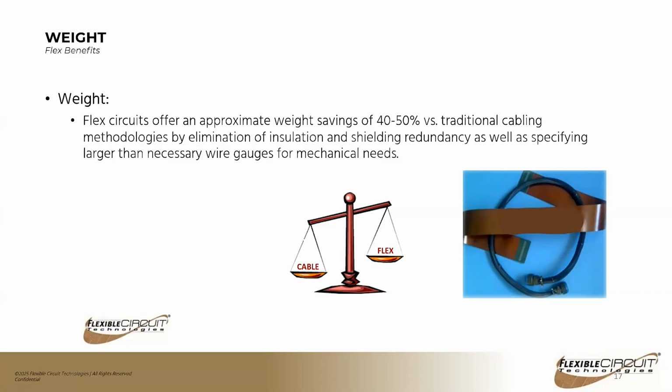Also, as I talked about with catheter applications, they're so delicate that oftentimes people are using wire gauges that are much larger than they would actually need to be just for mechanical strength. You can do away with that when you go to a flexible circuit. The coppers are relatively thin, and you can etch conductor widths that are pretty narrow, so you can get a lot in a relatively small footprint.